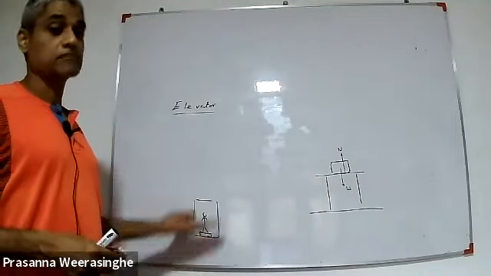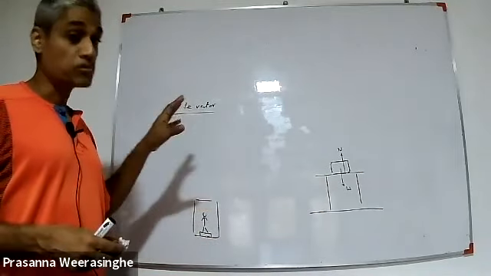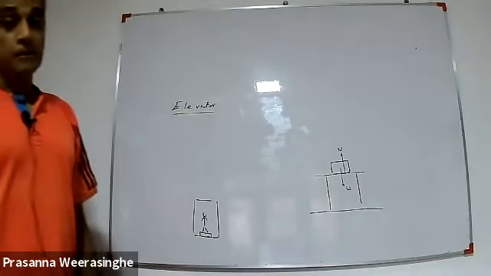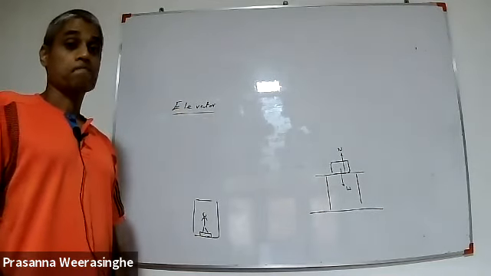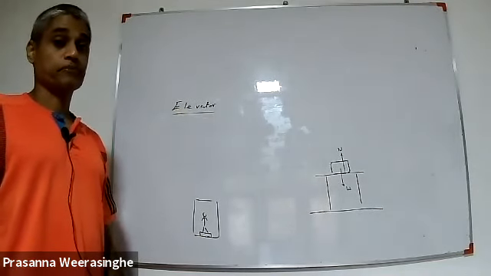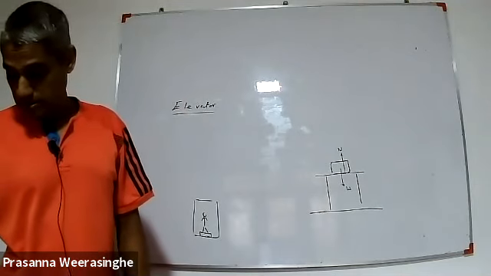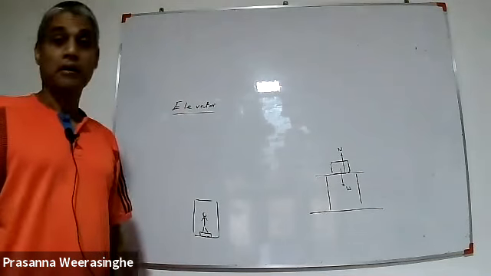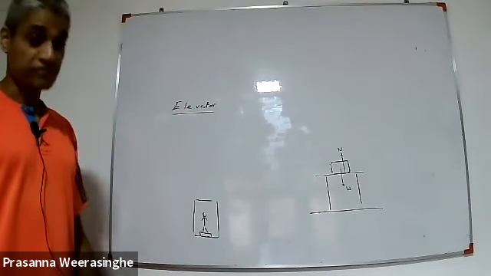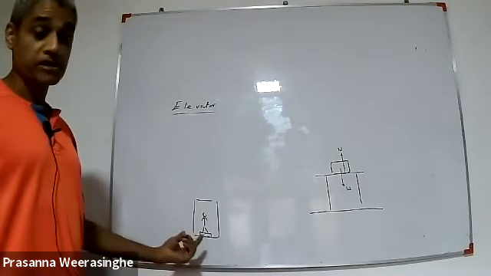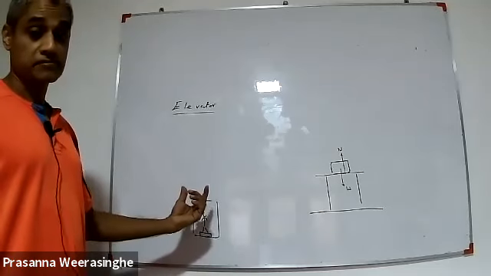When will it also work as you're moving inside a lift? If you are moving at a constant velocity as well, it will work properly, but not when you accelerate.